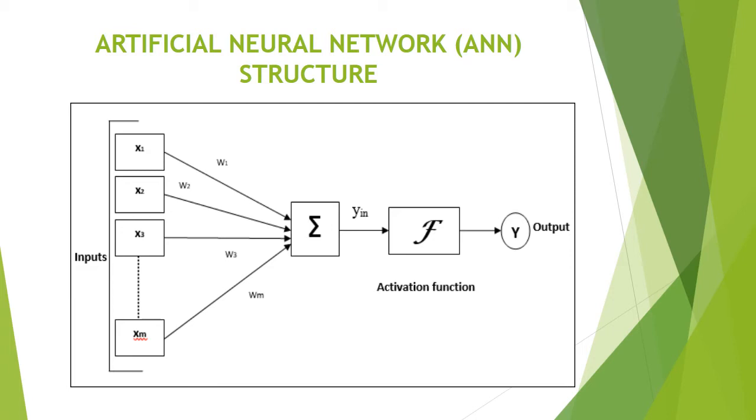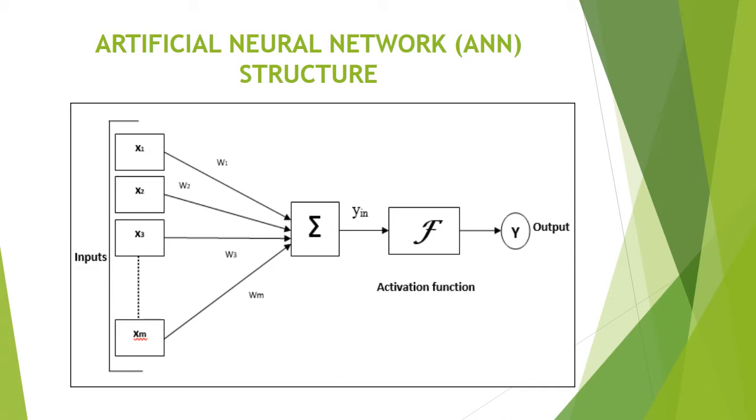That is, for the biological neural network those were dendrites, and for the artificial neural network those are inputs. Then W1, W2, W3 up to Wm, these are our weights. That is the connections between the dendrites and the axon.